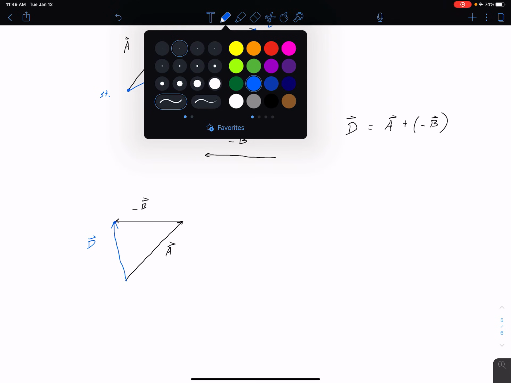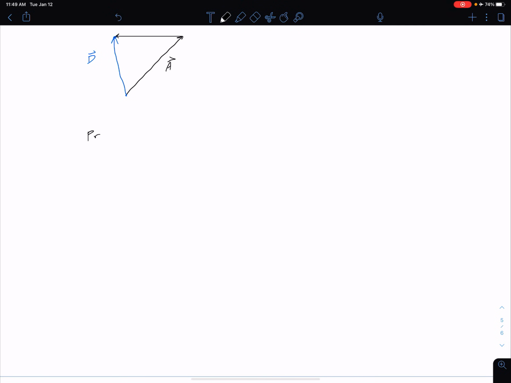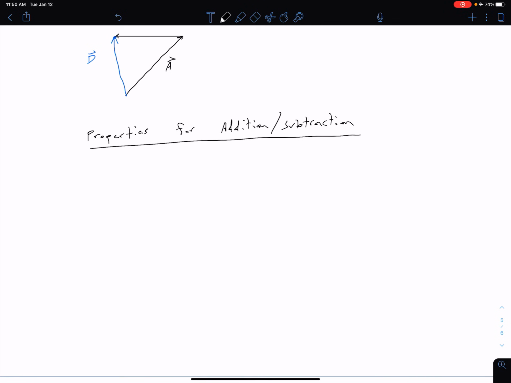So the last thing I want to talk about in this video is some properties for our addition and subtraction. So our first one is commutative.